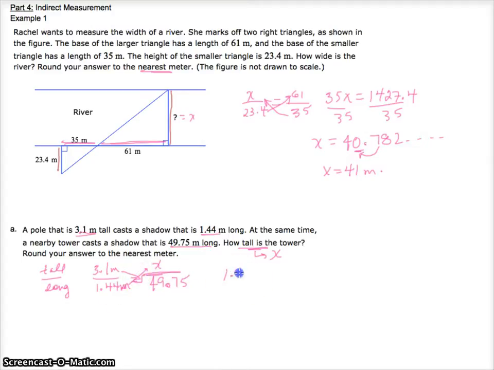I get 1.44x equals 3.1 times 49.75. And that equals 154.225.